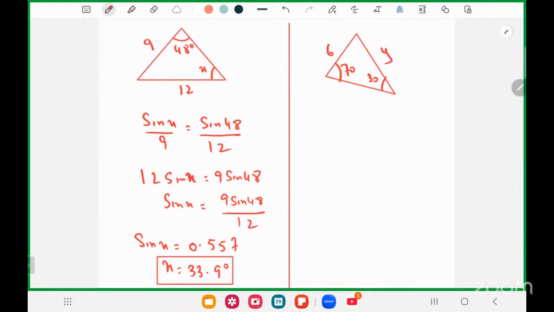बताइए साइन रूल लगाऊंगा कि कोसाइन रूल लगाऊंगा? सोचिए प्लीज. साइन रूल लगेगा इस क्वेश्चन में या कोसाइन रूल लगेगा इस क्वेश्चन में?